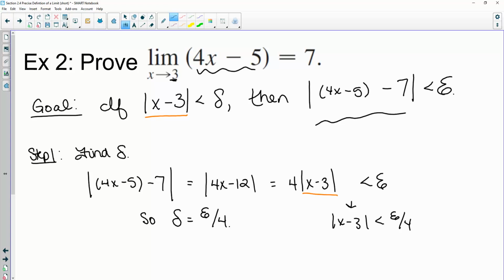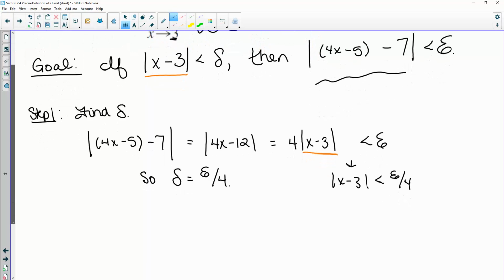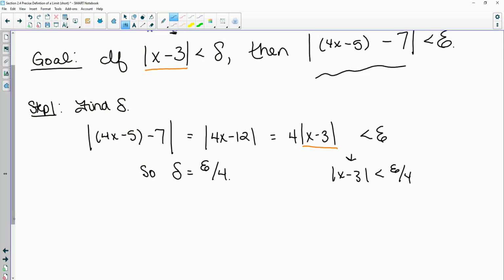And then that is delta. And we said up here, x minus 3 is less than delta. So all I'm saying is, I'm working this out, started with this inequality, okay, I worked backwards until I got that in the absolute value. So this over here is going to be my delta.